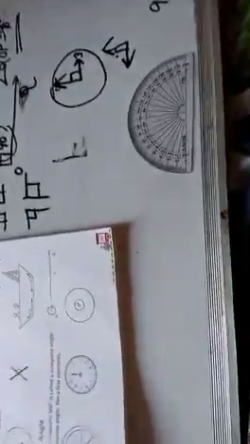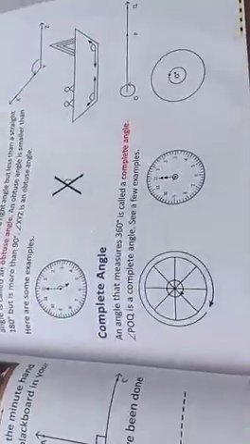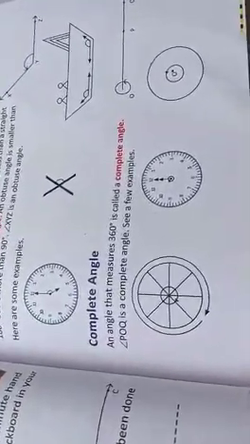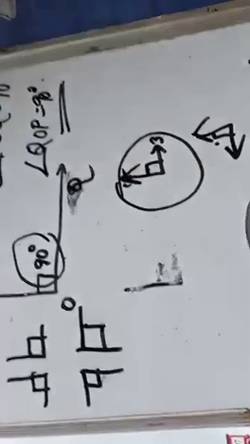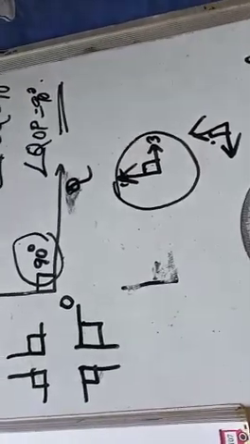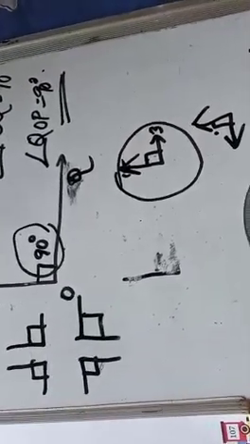So the corners of your blackboard, the corners of your book are also 90 degrees. Okay, children. Next, if you watch the tables, the corners are also 90 degrees.